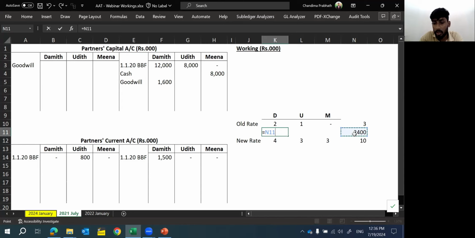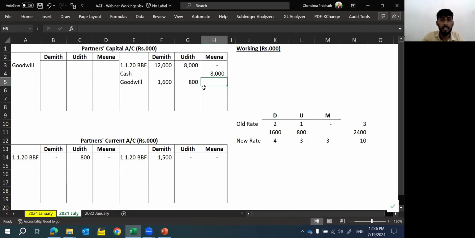Damit will get 2,400 divided by 3 into 2, which is 1,600. And then the balance part is 2,400 divided by 3 into 1, which is 800. So the total is 2,400, split based on the old ratio.